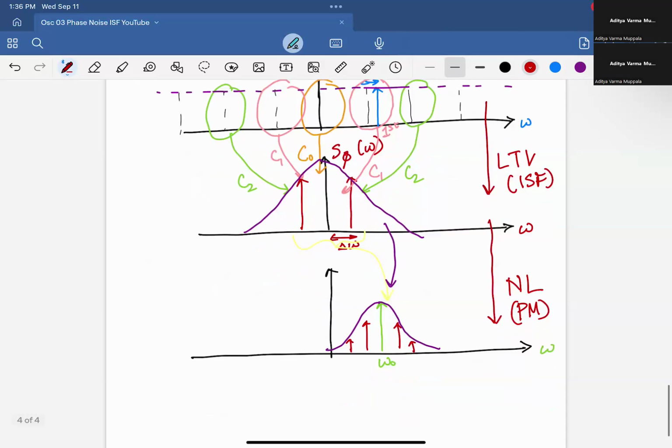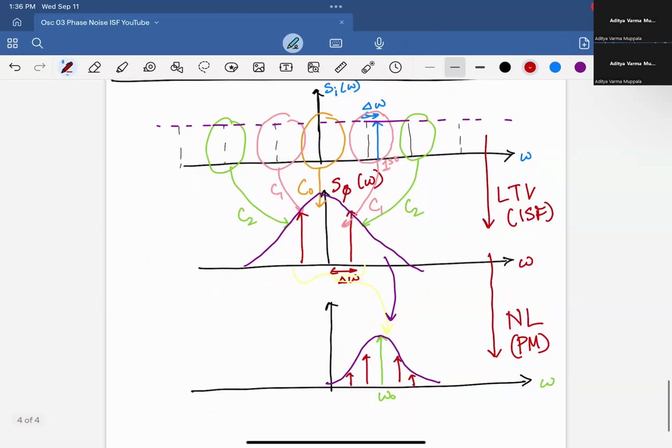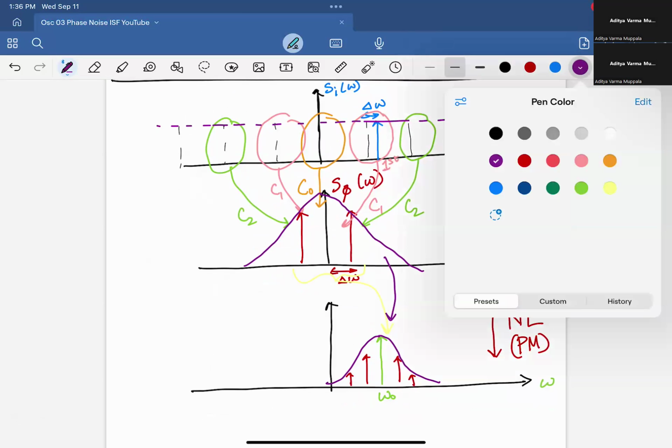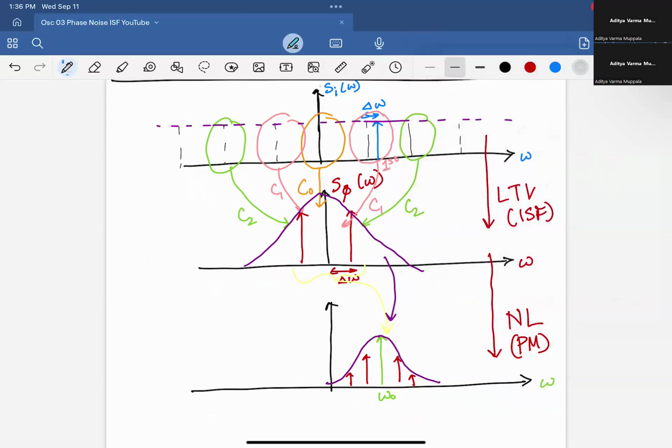Okay, so that gives us some insight. For example, you can see here, and we'll see more in detail, that if instead of white noise I have some kind of flicker noise, with 1 over f dependence, then that flicker noise is brought down by the C0 coefficient. By reducing C0, or making it 0, you can reduce that flicker noise that's brought down.